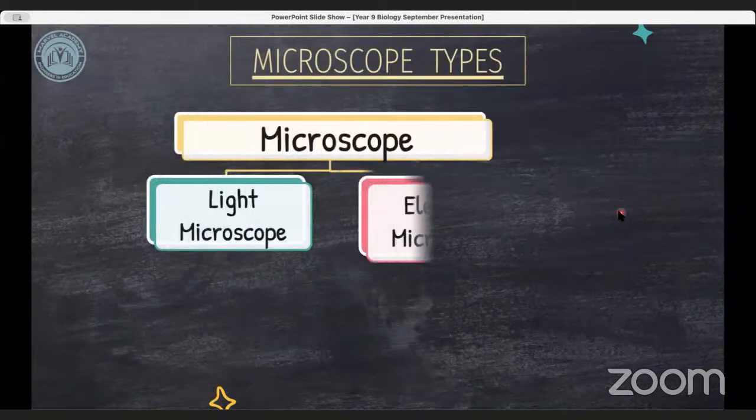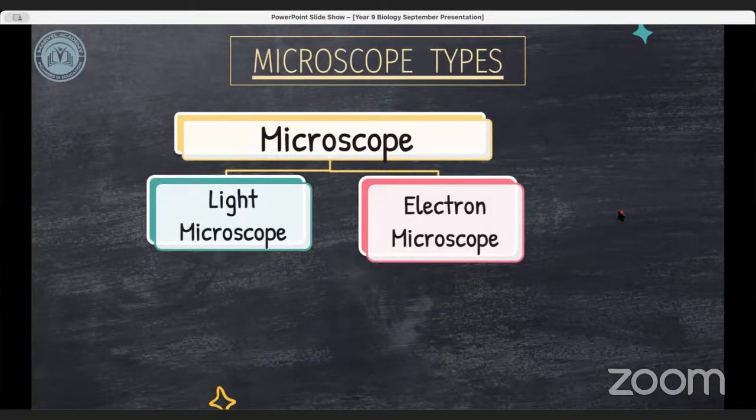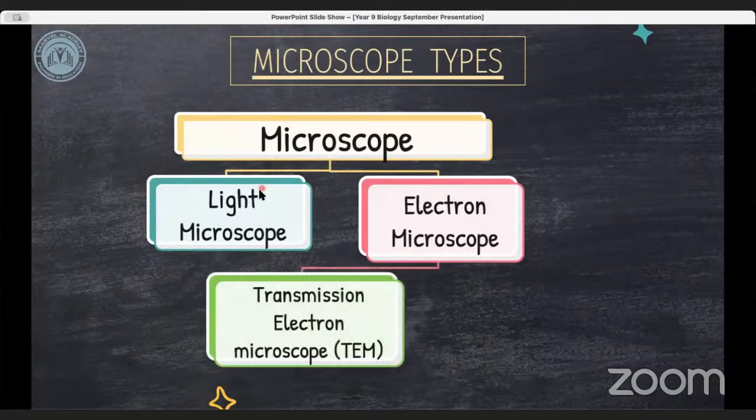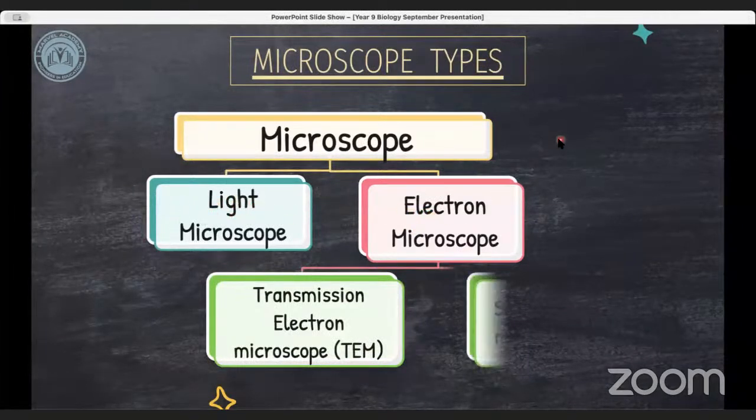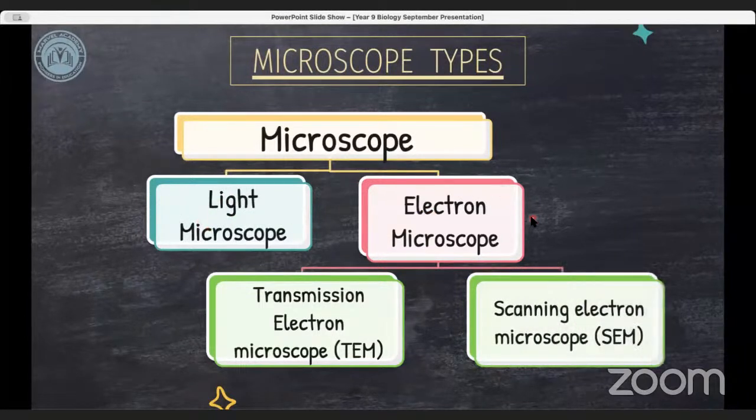So let's see now the types of microscopes available. Basically, children, there are two types: light microscope and electron microscope. The electron microscope can be categorized into another two. What is it? Transmission electron microscope, in short TEM.